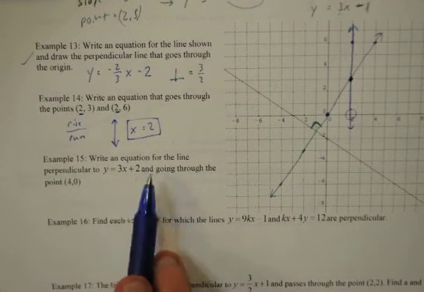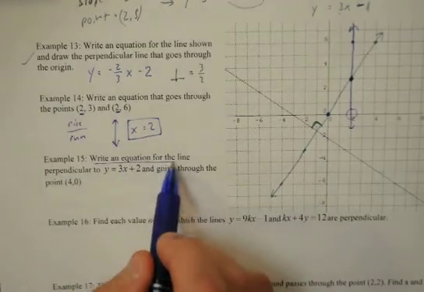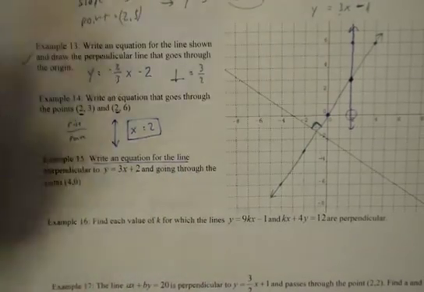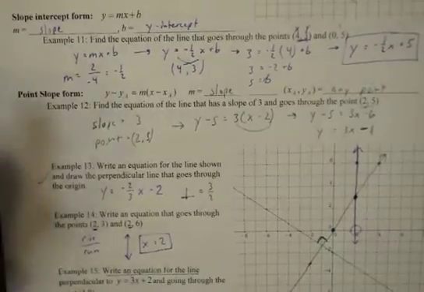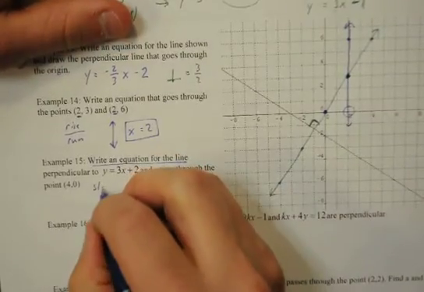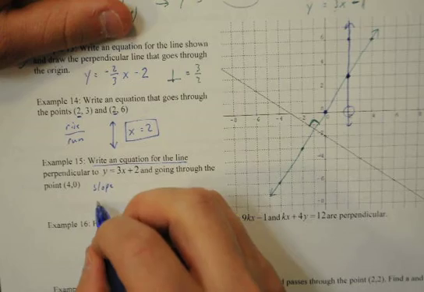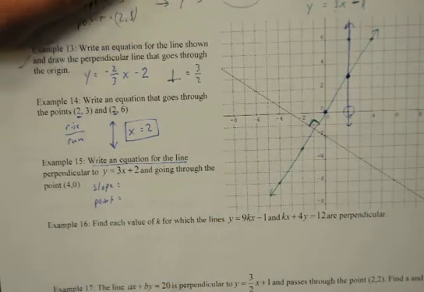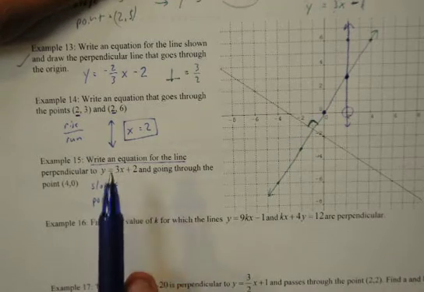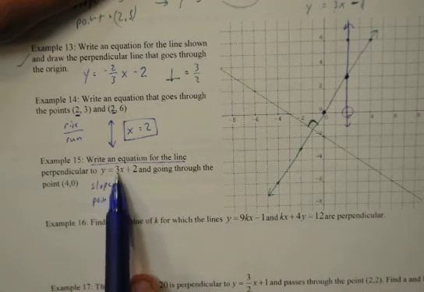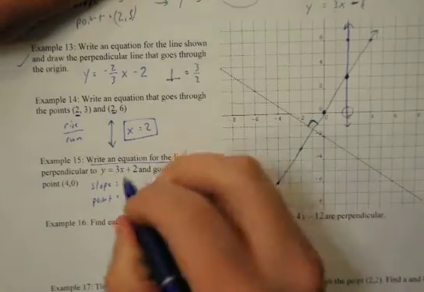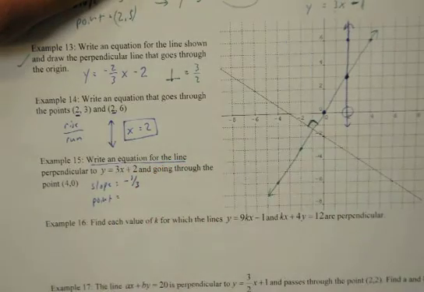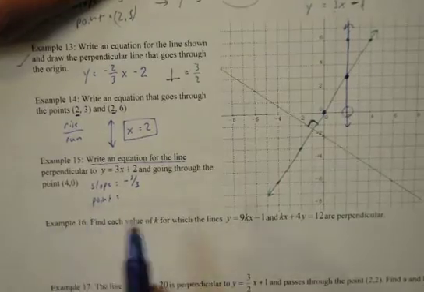So anytime I'm writing an equation of a line and I don't have a graph, I use point-slope form. And I literally state, I'm going to figure out what is my slope and what is my point. The slope that I need is perpendicular to 3, so my slope is negative 1/3. The point I need to go through is (4, 0).